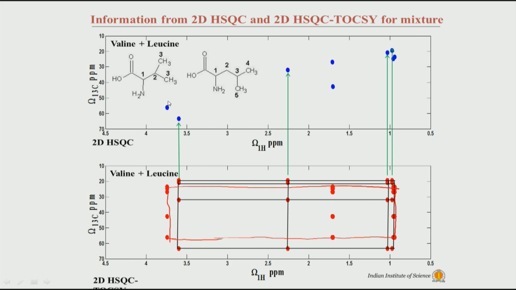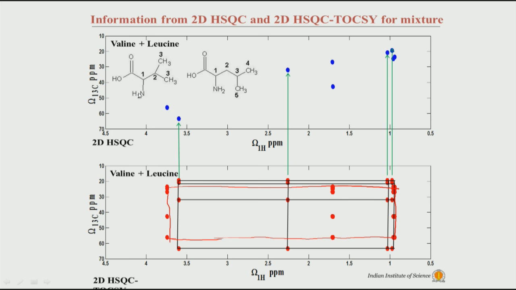In the database one would have stored all the chemical shift values of a given amino acid or a given molecule, and that molecule will have known expected chemical shifts. Now we have connected them by HSQC TOCSY, and that connection reveals that it is one spin system, and now we can identify that molecule as either valine or leucine.